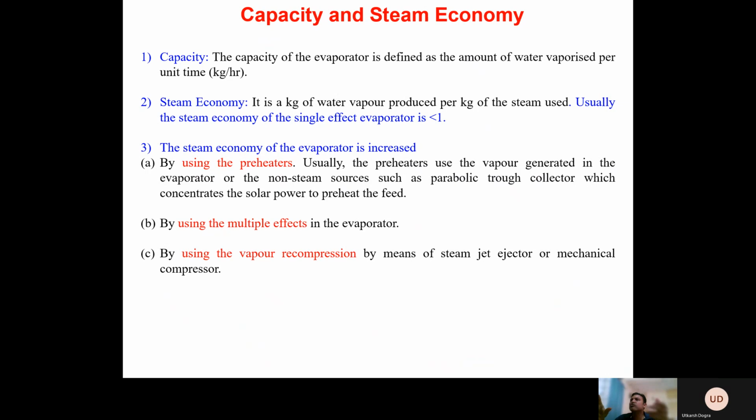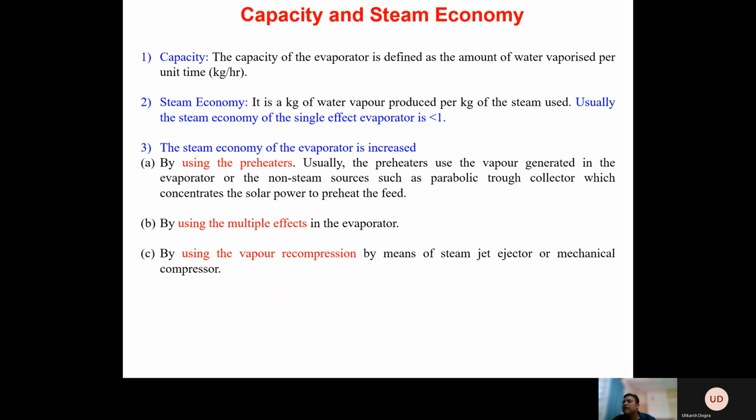Typically if you are using a single effect evaporator, that means only one evaporator unit is used, then the steam economy is less than or approaching 1. So clearly steam is incurring the cost. Very often we are interested in having more vaporization for the given amount of steam. In order to improve the steam economy, there are different ways of doing it. The first one is the use of preheaters, where you heat the feed using the outlet vapor coming out from the evaporator.